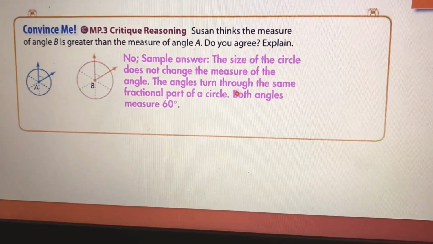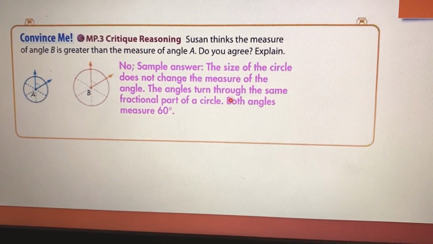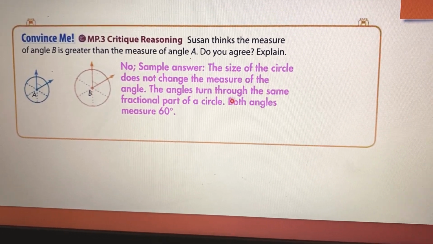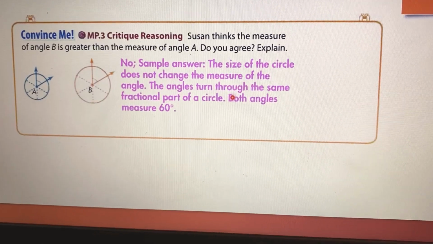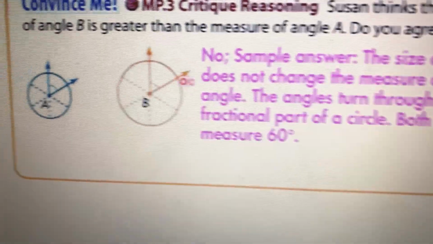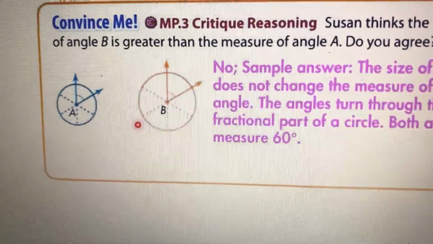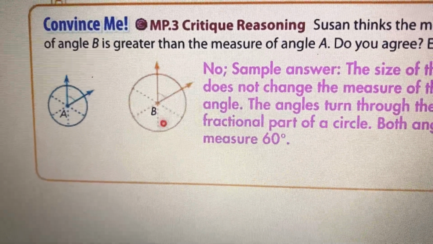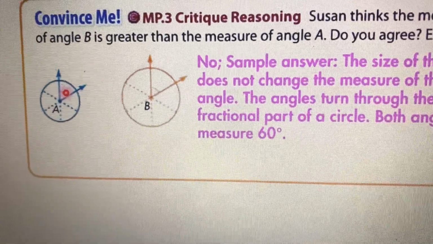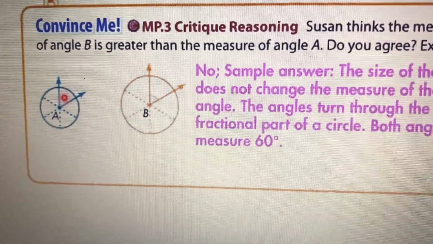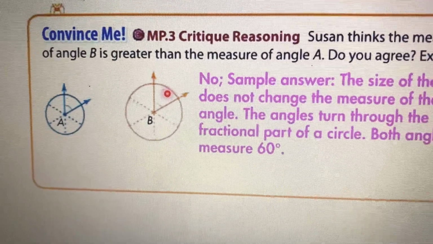Let's look at this question. Susan thinks the measure of angle B is greater than the measure of angle A. Do you agree or not? Explain. Circle A is smaller than circle B, but both of them are divided into 6 equal parts. Both of them, we choose 1/6 out of each circle.